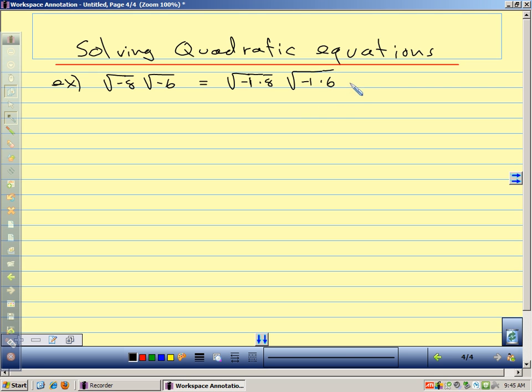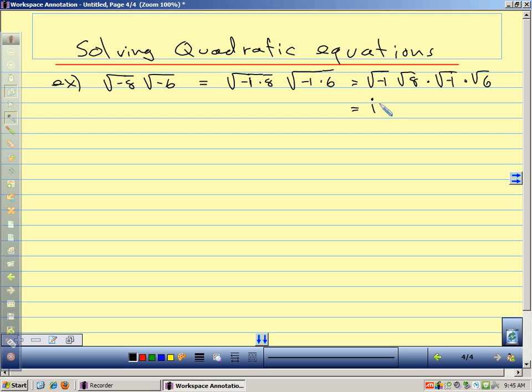And I'm going to separate this out. This is the square root of negative 1. I'm doing more steps than you need to do, but I'm just doing this to remind you how you need to look at this. Square root of negative 1 times the square root of 8 times the square root of negative 1 times the square root of 6. Square root of negative 1 is i.